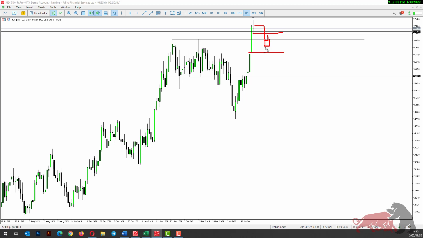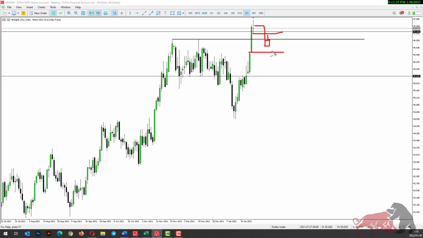Any positive high impact euro news release, then the dollar should see a bit of downside movement.